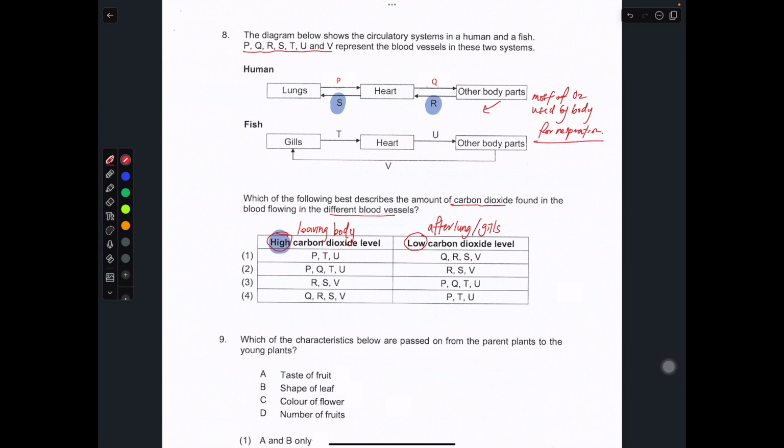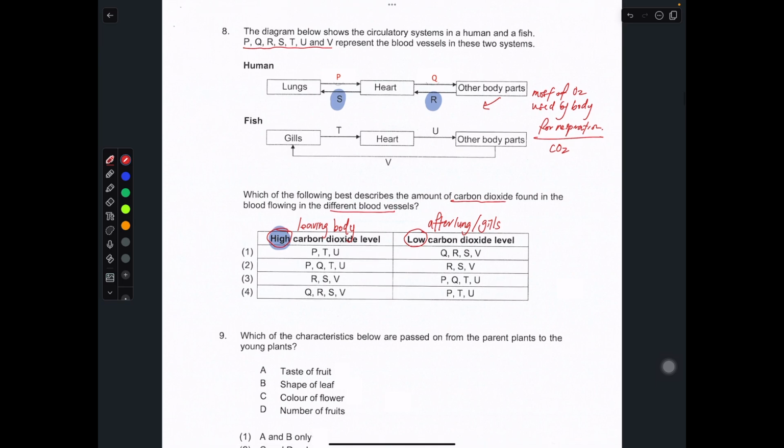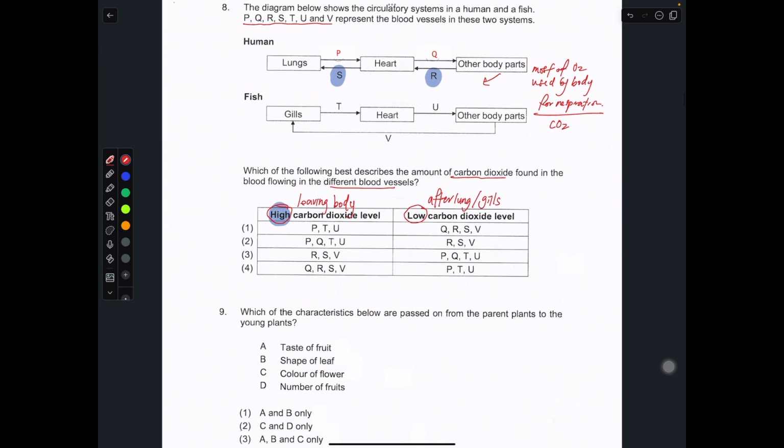So there will be a lot of carbon dioxide produced and carried by the blood to the lungs. So R and S. So you take a look at R and S. Is there any R and S? So the answer will most likely be 3 or 4.